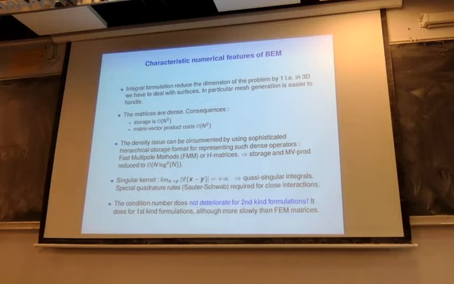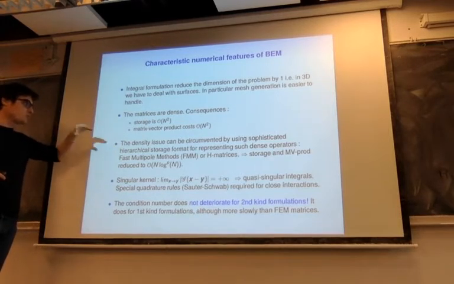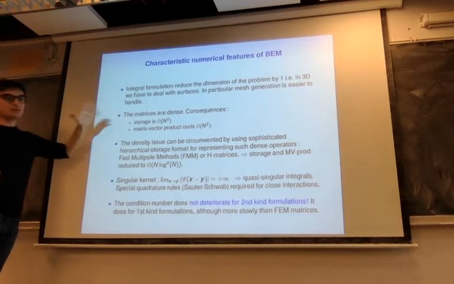However, the density issue can be circumvented with sophisticated techniques known as hierarchical techniques, that specifically aim at reducing the storage and accelerating the matrix vector product. But with these techniques, you do not perform exact storage and exact matrix vector product.